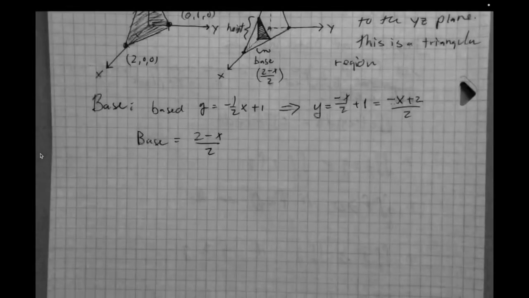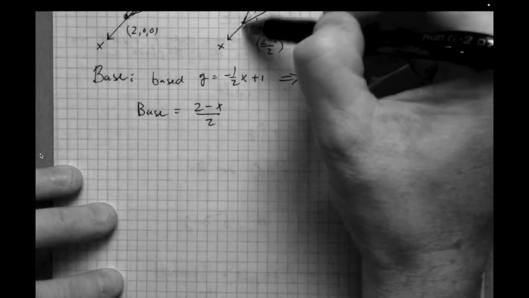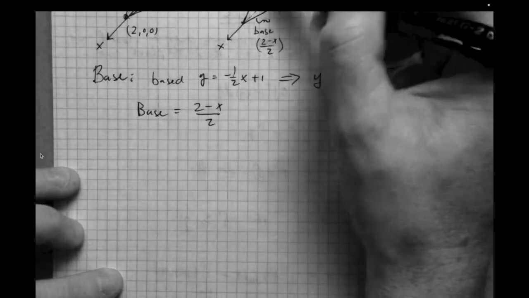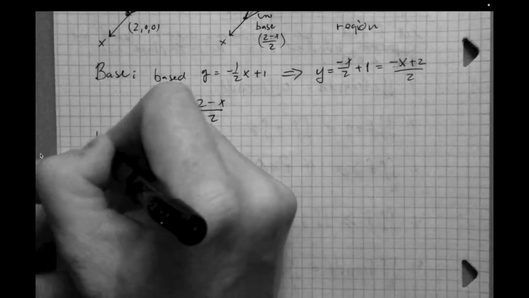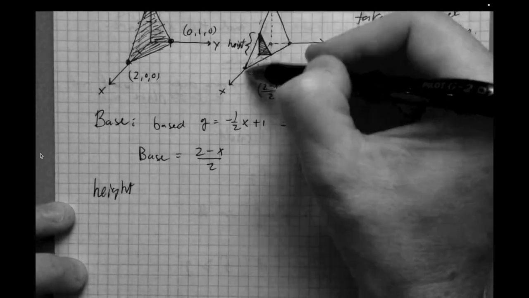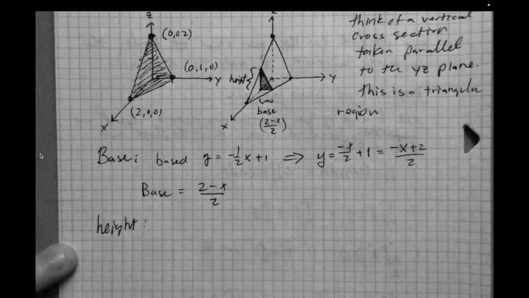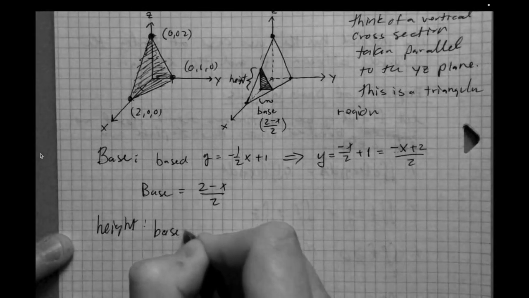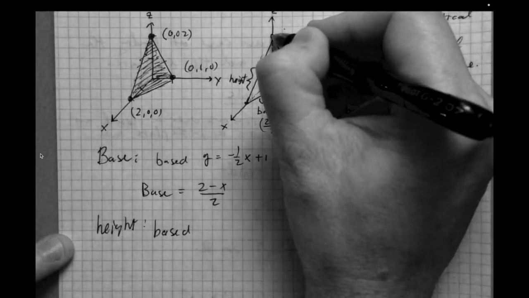Okay, now what about that height? Well, we're going to use a similar argument for the height. The height is based on this line right here, which is in the xz plane, right? Okay, so what is that line? Well, remember this goes through 0, 0, 2, right?